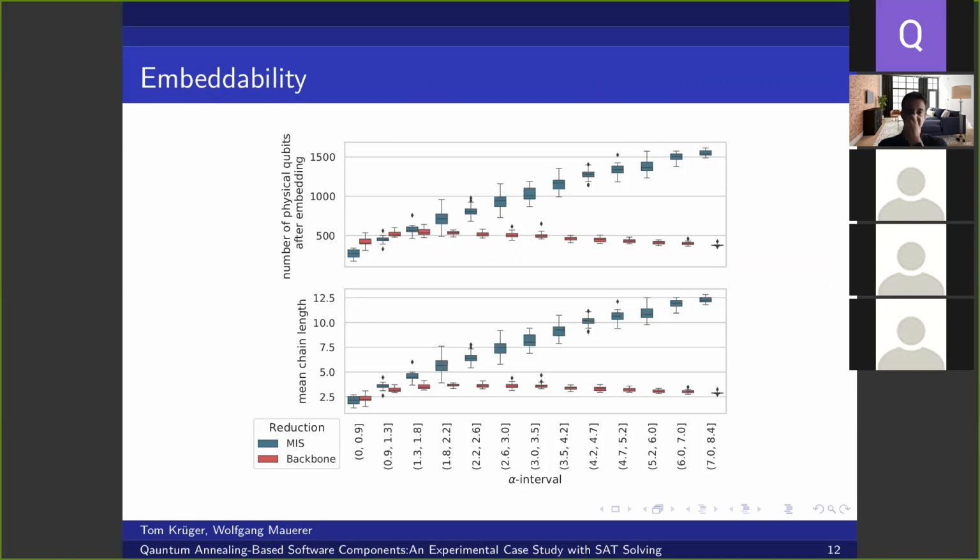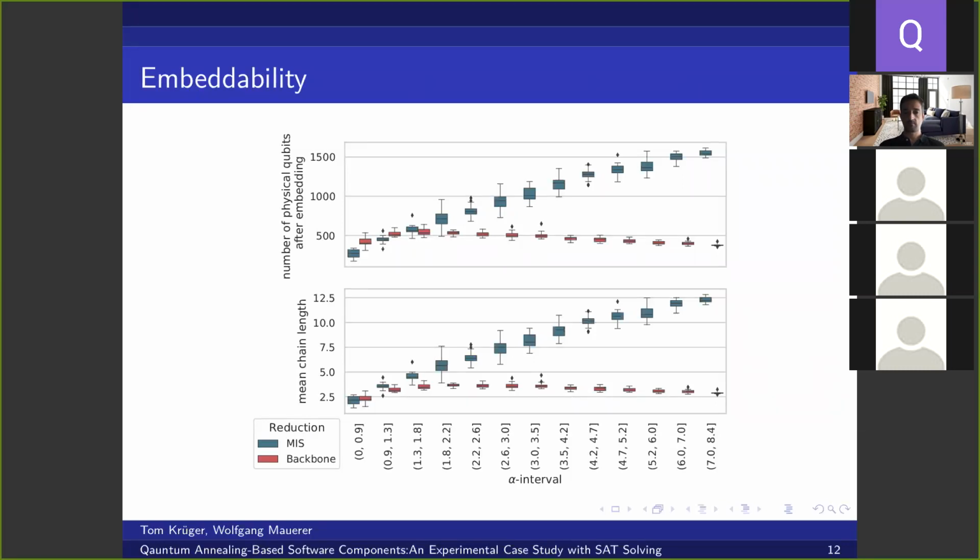And we can see that even if the MIS method has fewer variables after embedding, the backbone method needs fewer physical qubits on the actual hardware graph. And the interesting part is that this strictly correlates with the mean chain length of the reduction.